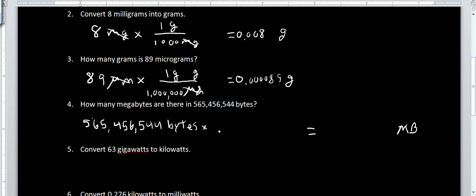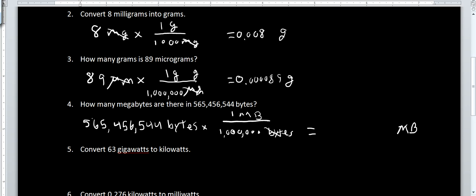And the conversion factor then is 1 megabyte, mega meaning a million. Well, that's a B there, and a million bytes is 1 megabyte, so 1,000,000 bytes is equal to 1 megabyte.